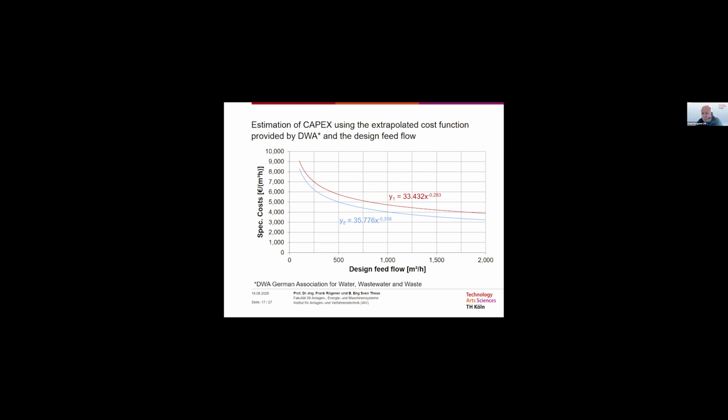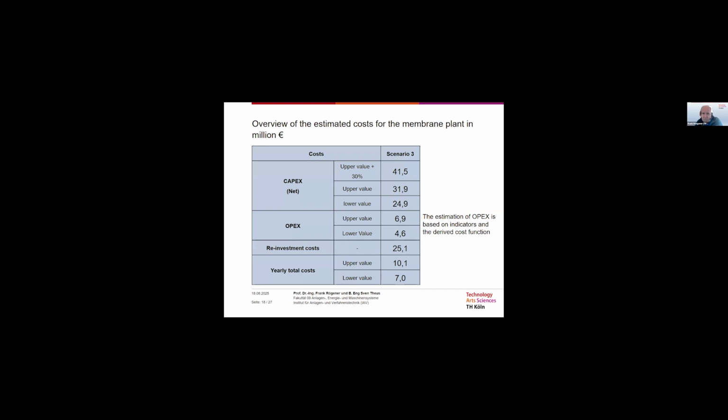So this is related to the German conditions, and from this we could deduce the CAPEX. That means the cost for removing the old technology and implementing a new one.